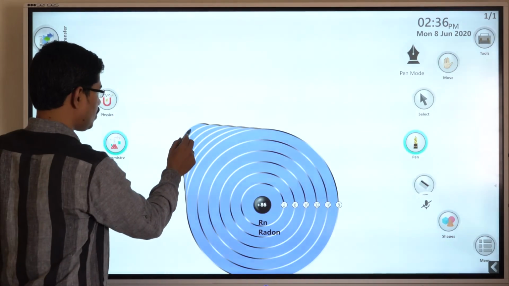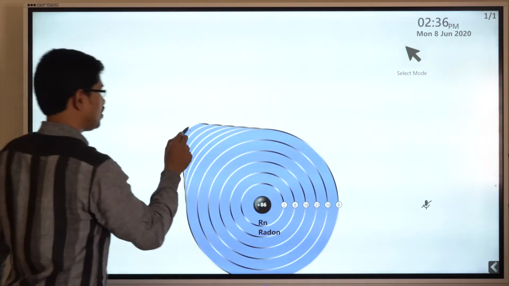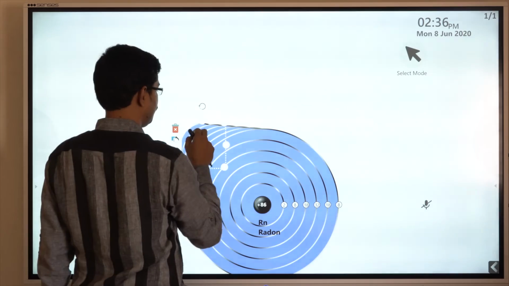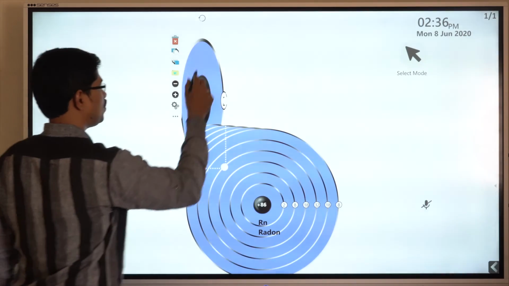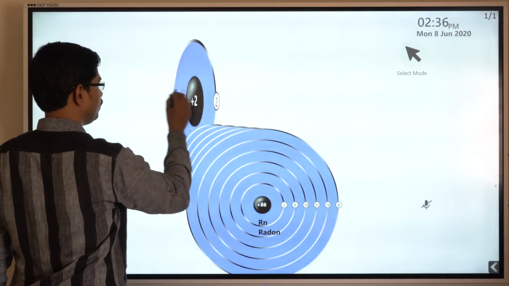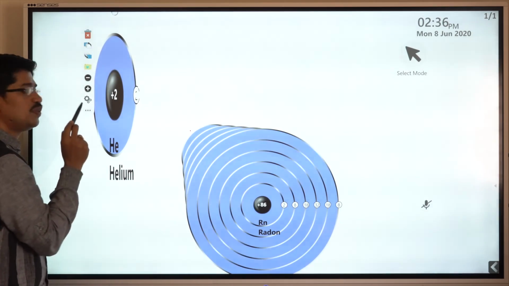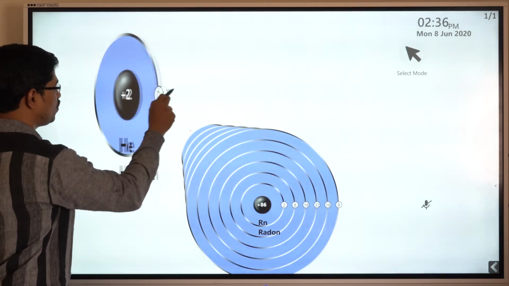See this, whatever we were discussing, once again we shall discuss. Helium: the center of the atom contains two protons and 2 neutrons, and the outermost 2 electrons are present.